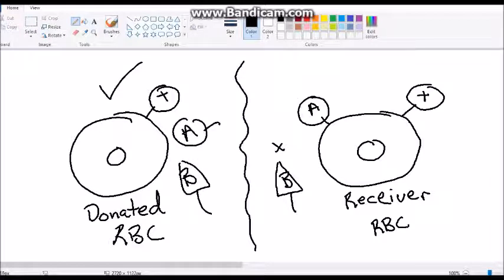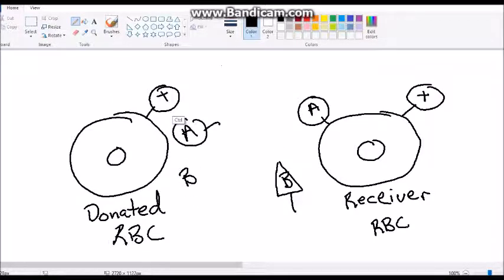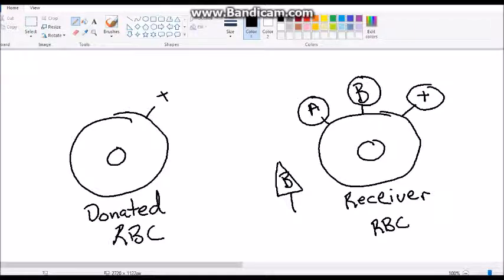Now we're going to go through another example. So let's say the receiver is AB positive. And you know what? No, AB negative. So we're going to get rid of this, right?